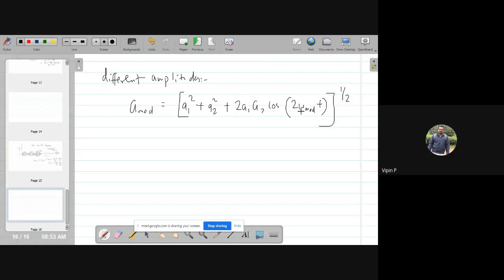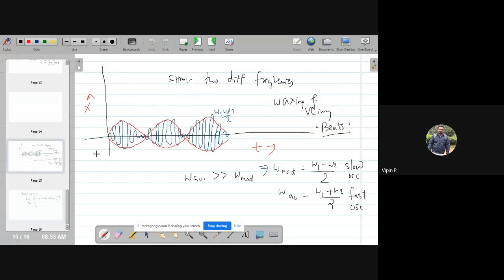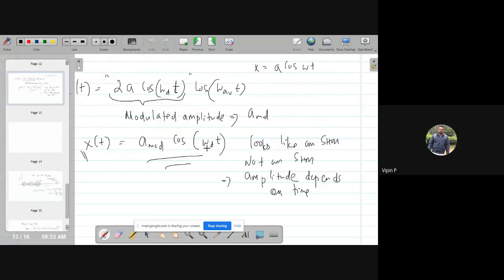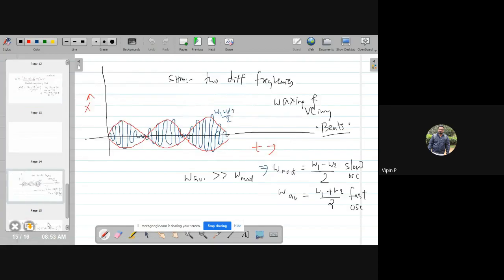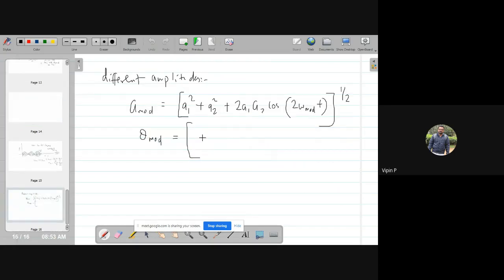This will be the expression for the resultant amplitude, and for the resultant phase: because of the difference in amplitude, a new phase constant also appears. In the earlier expression, the phase constant was 0. But if the amplitudes are different, a new phase constant appears, given by theta mod equals (A1 minus A2) sine omega mod times t, whole divided by (A1 plus A2) cos omega mod into t.